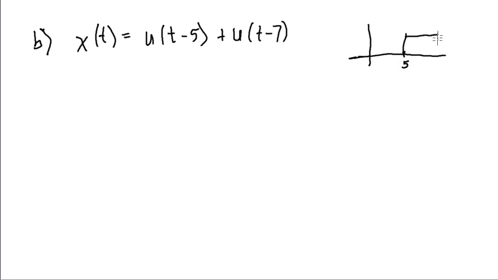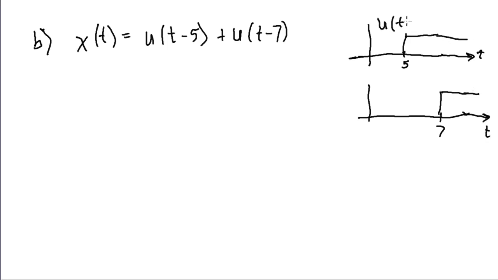These are the same two components as in the previous problem, and these are 1 for all t greater than 5 and 7 respectively. So this is u(t-5), u(t-7). I'm going to sketch their sum right below.